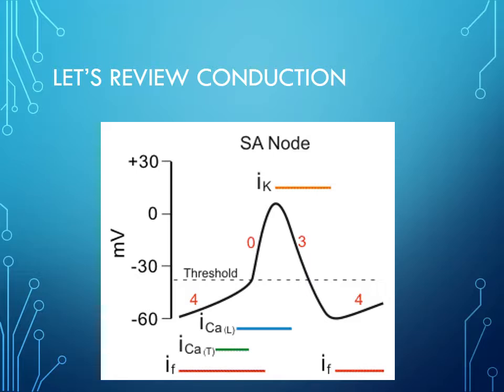When you see the slope coming down, what positives could be going in that might help cause that, to make it more negative? None, okay? What negatives could be going in? Chloride. What positives could be going out to help? Potassium. Okay.